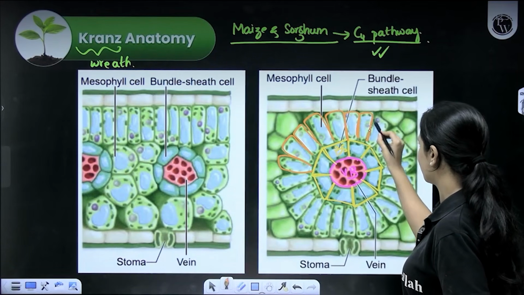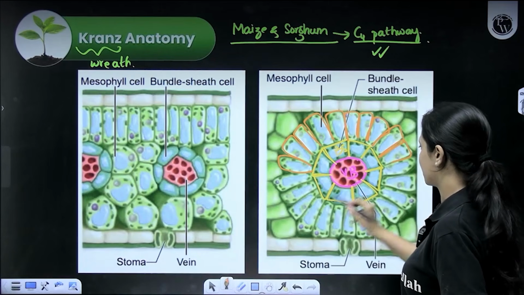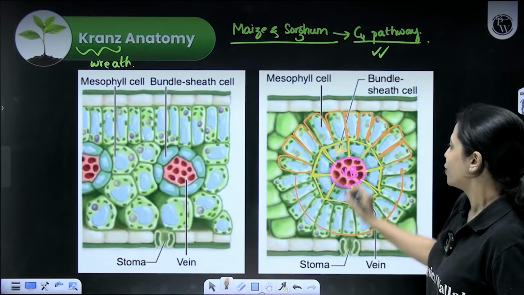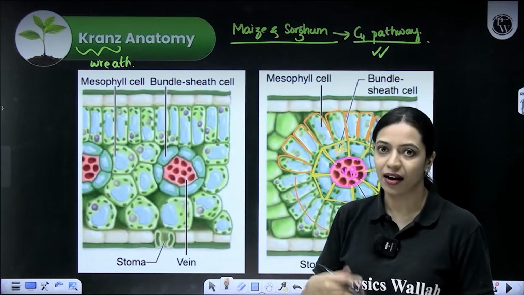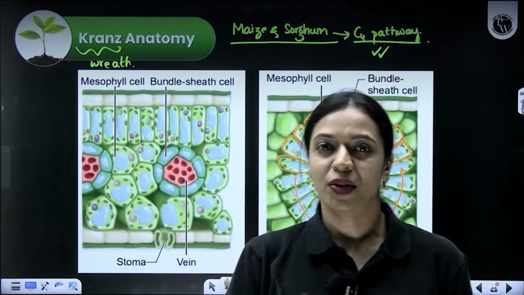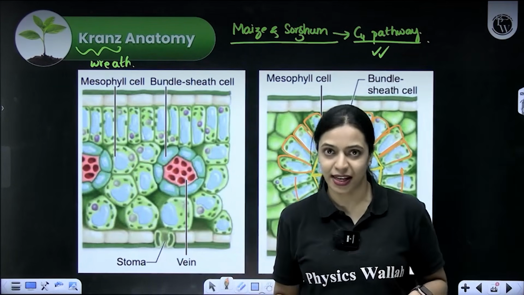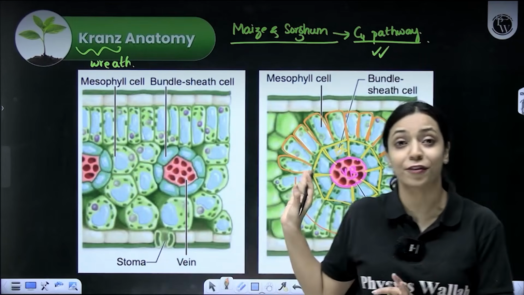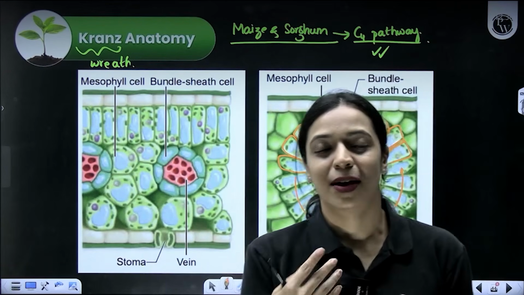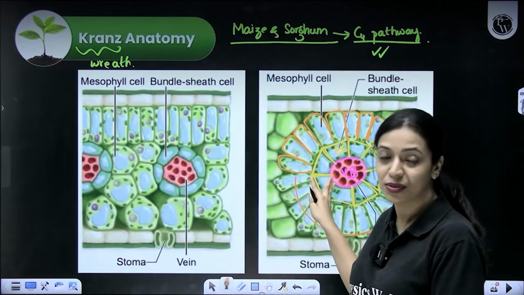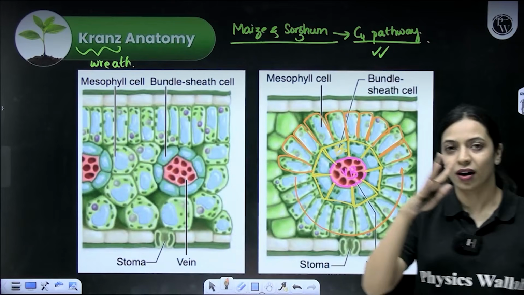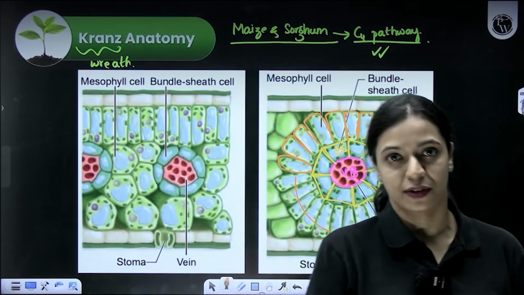These are your mesophyll cells, this entire ring. So bundle sheath cells and mesophyll cells are neighboring cells, right? The way in which they are arranged inside the leaf is different, because this is not something that we usually see. So arrangement-wise, anatomy-wise, they're different.